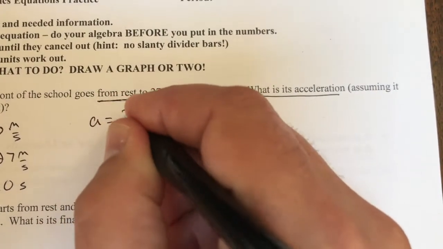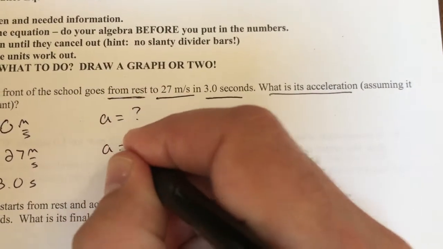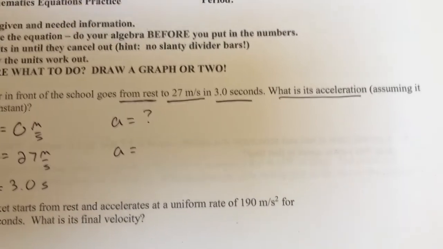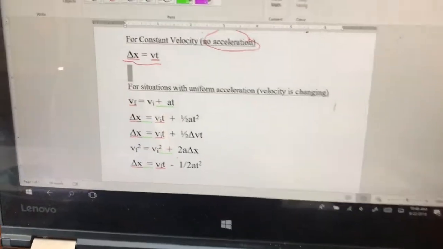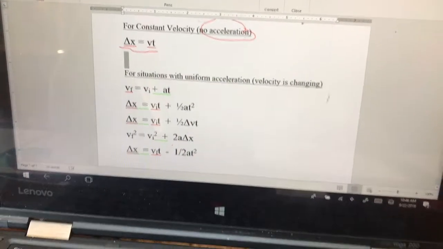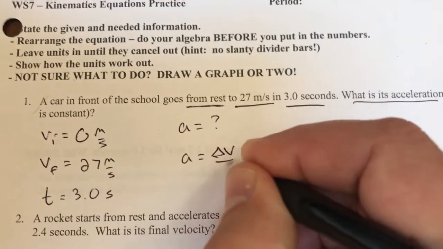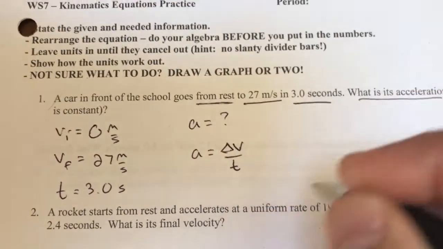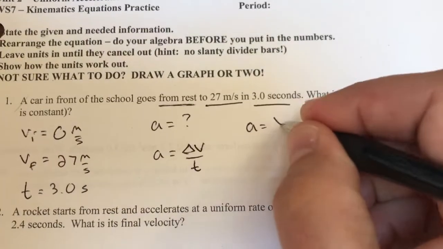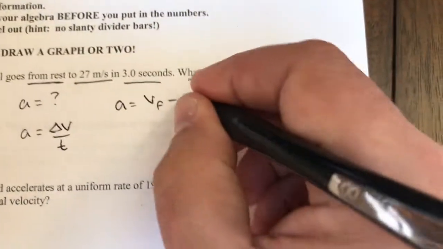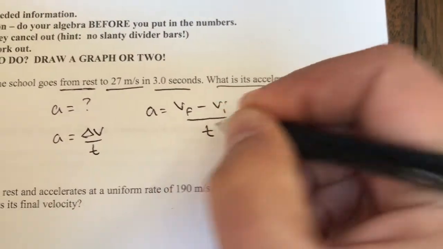So a equals. So now what we do is we take a look at our formulas. Do we have anything that tells us about acceleration? And again, remember what I just said. Because acceleration is a definition, we know that it's the change in velocity over time. So in this case, a would be V final minus V initial over time.